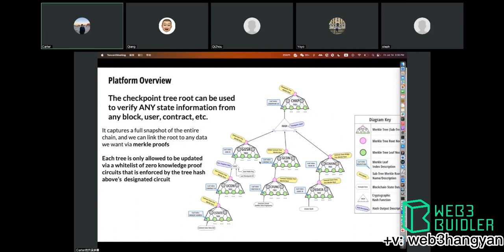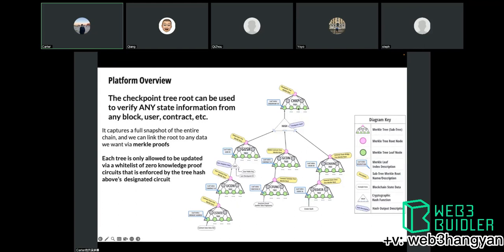So the checkpoint tree is for the whole blockchain, but we allow a given checkpoint to know what the current checkpoint Merkle tree root is when we're building. So let's say we're building the third block. The third block knows about the checkpoint root where this leaf is 0, but these 2 leaves are populated by the first and the second block.